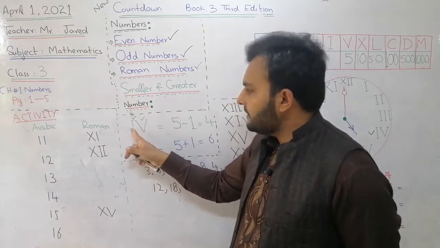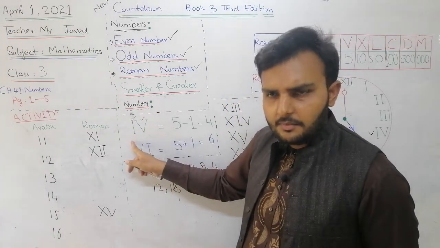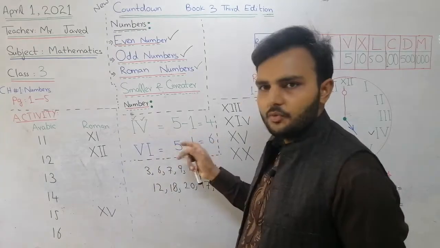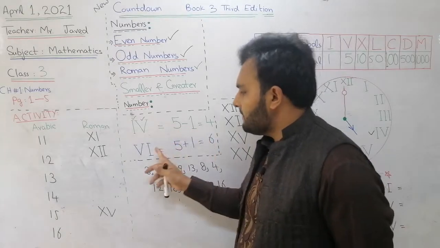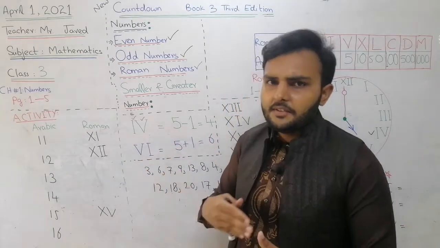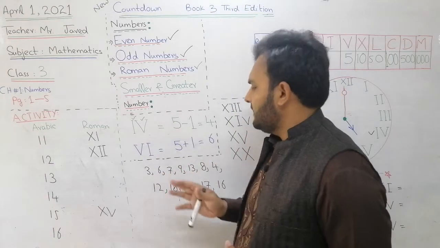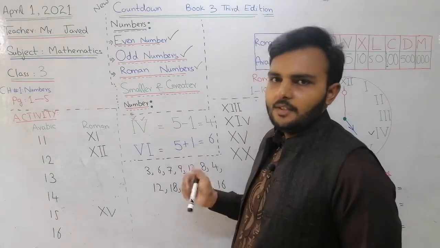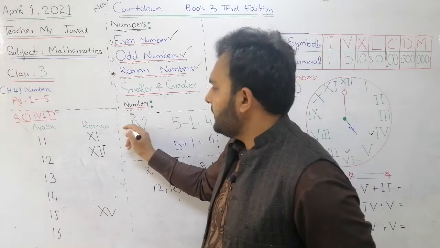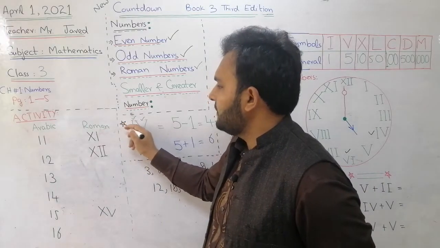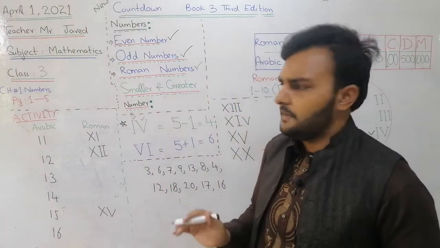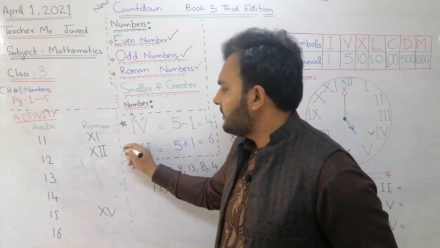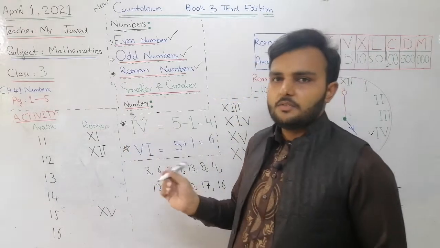So V is next to the smaller symbol, so we can subtract these two, 5 minus 1. If the smaller is just next to the greater, then we will add them. So please, all of you must practice this. Repeat these two sentences that I told you 3 to 4 times in your mind.